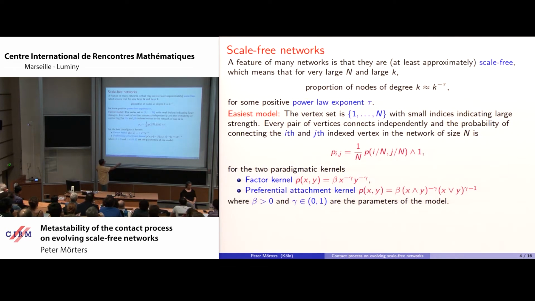So the smaller the index, the larger this value P, because we assume that P is decreasing in both components. Then we take this value and divide it by n.